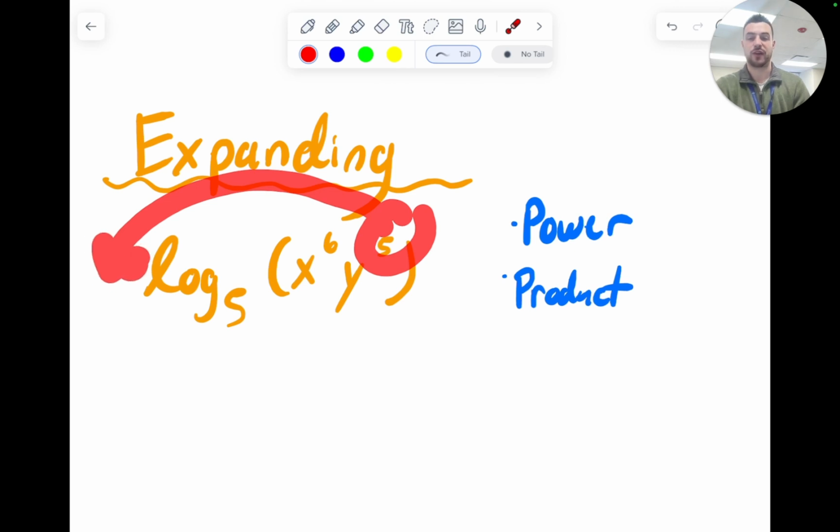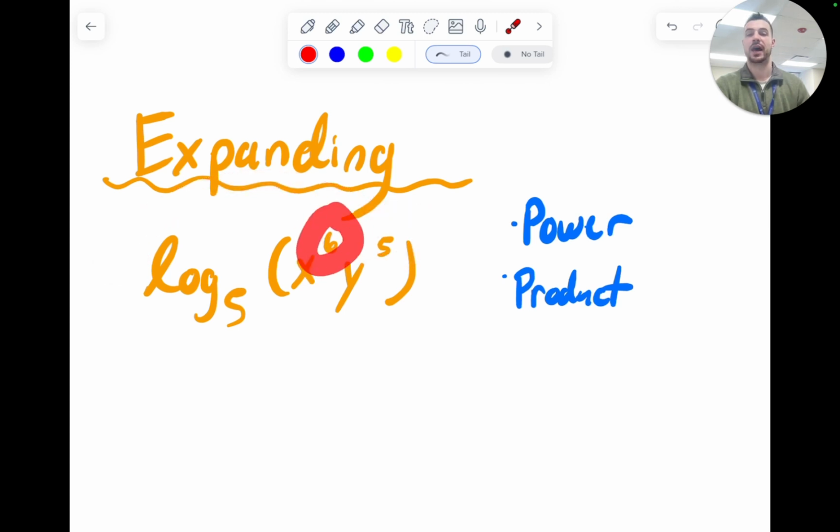Well, if I take the 5, for example, and put it in front of my log, that implies that 5 is also the exponent of x, which it is not. X and y each have their own exponent. So I'm going to have to separate those first using my product property before I can do the power property.